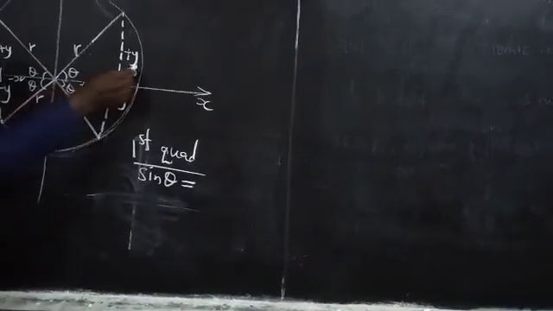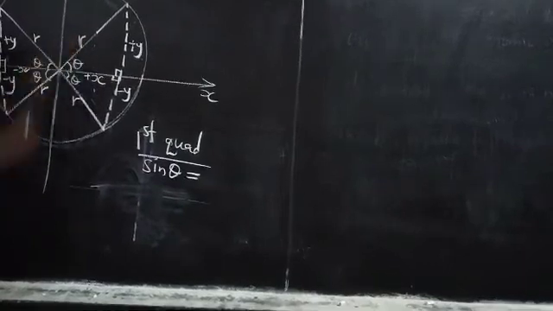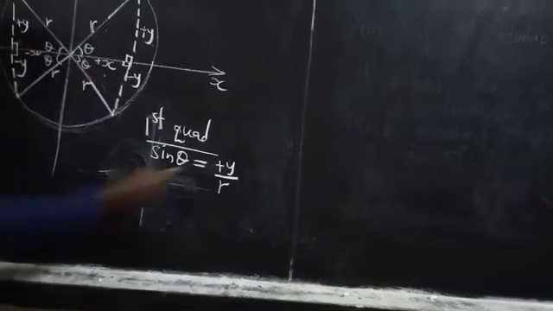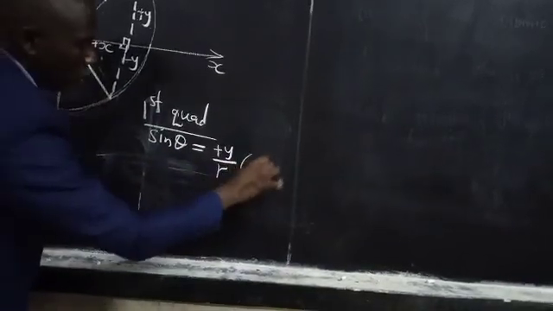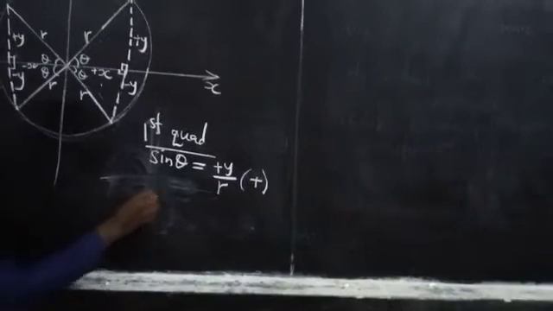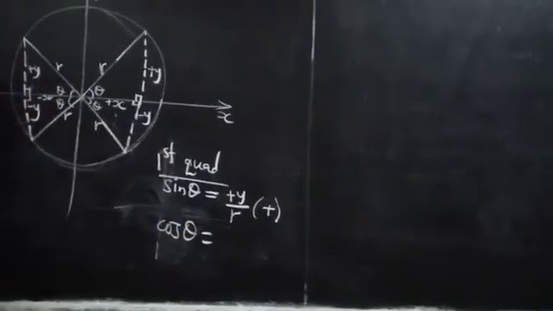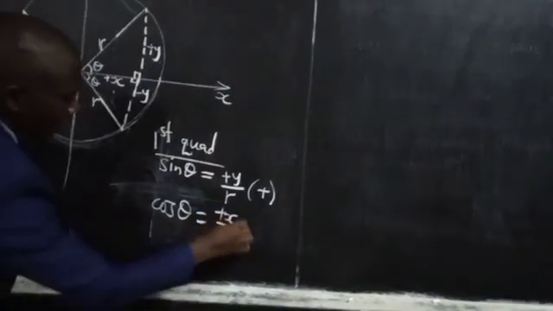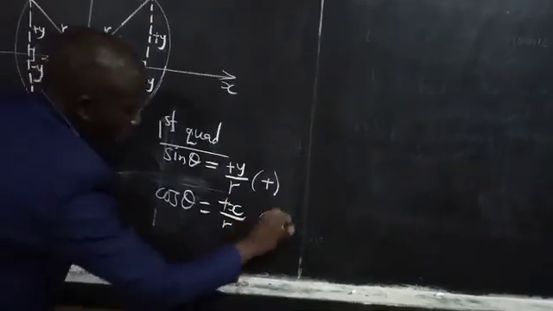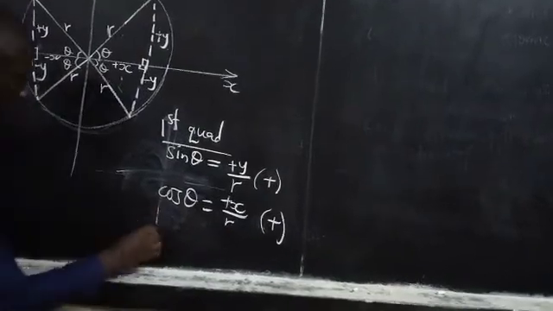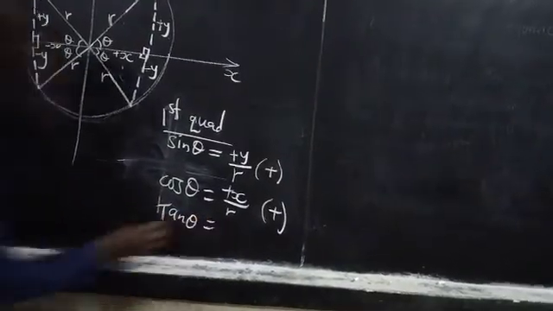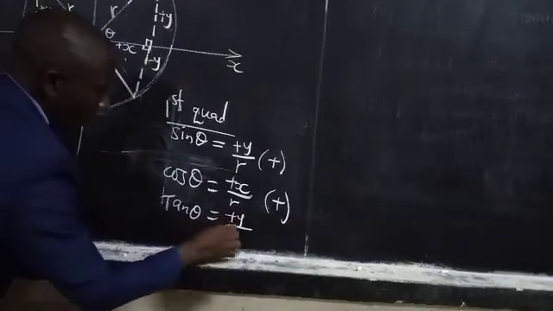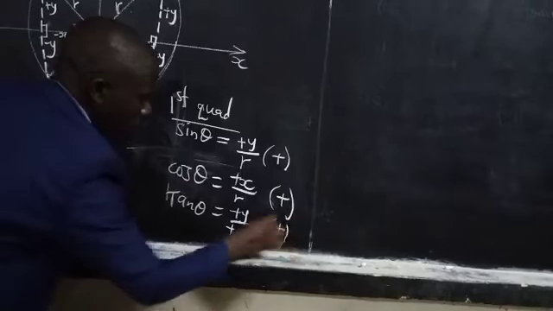The radius is always positive, so it is a plus y over r, and a plus out of a plus is positive. What is cos theta? Adjacent over hypotenuse, which is a plus x out of r, which gives a positive. And what is the tangent? Opposite over adjacent, plus y out of plus x, which is a positive.